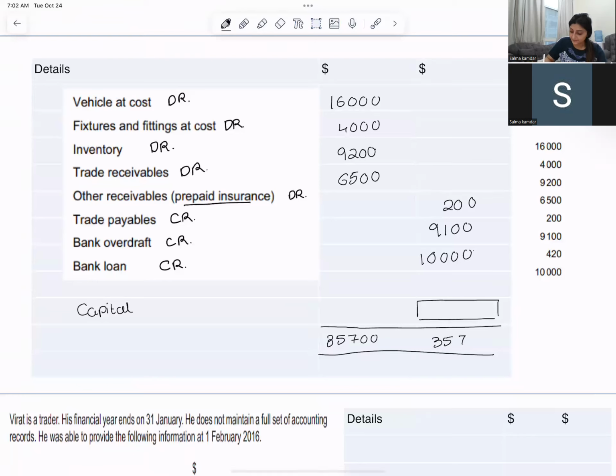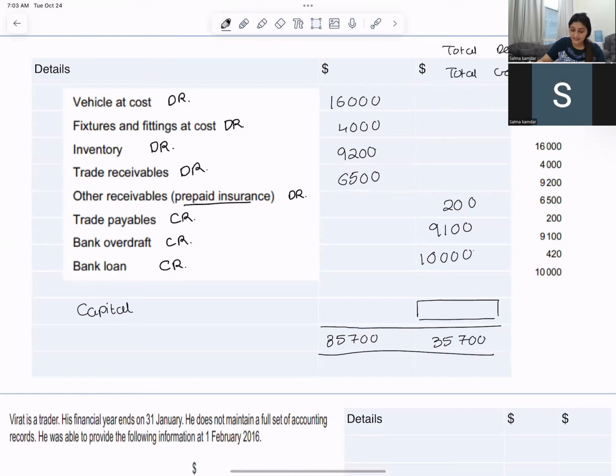Total debit is 35,700. What is my total of credit? 200 plus 9,100 plus 10,000.